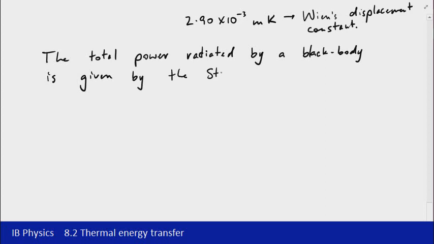The reason why it's named the Stefan-Boltzmann law is that those two scientists independently and at similar times discovered this particular law, and the equation here is P is equal to sigma A T to the power of 4.